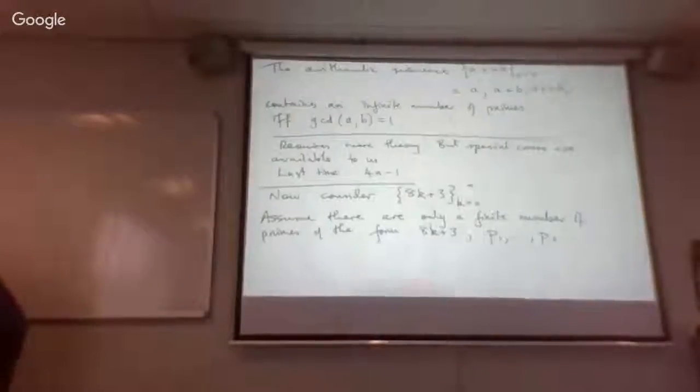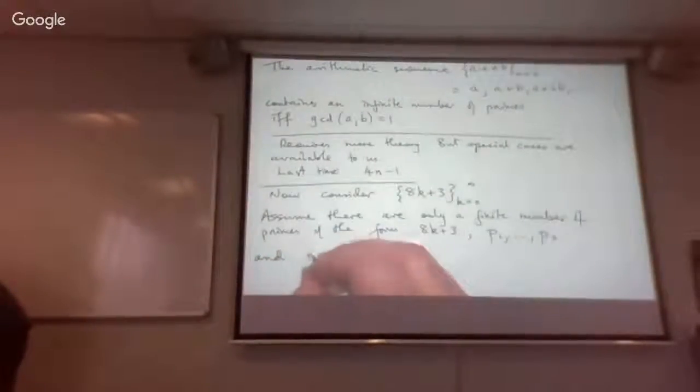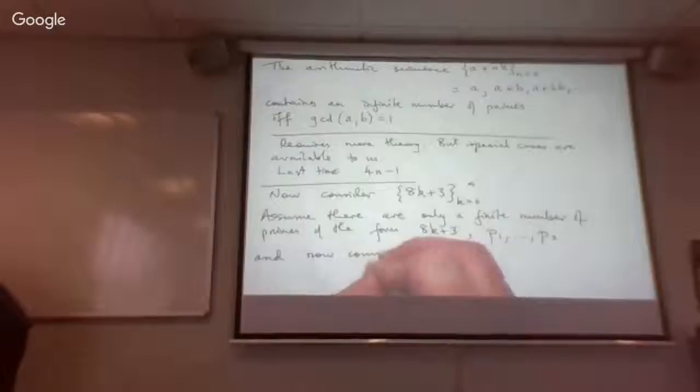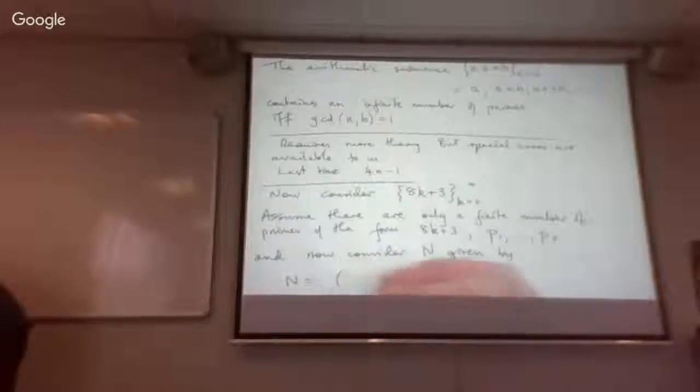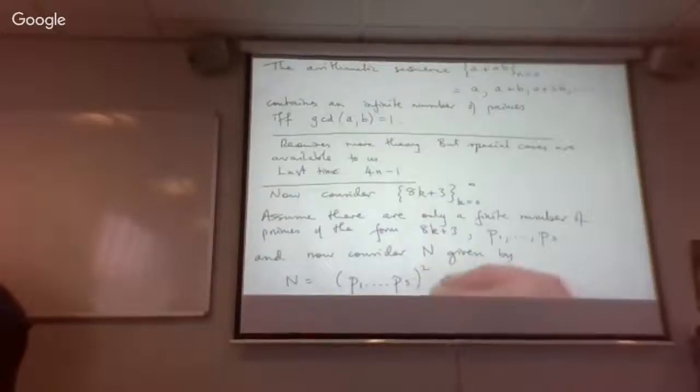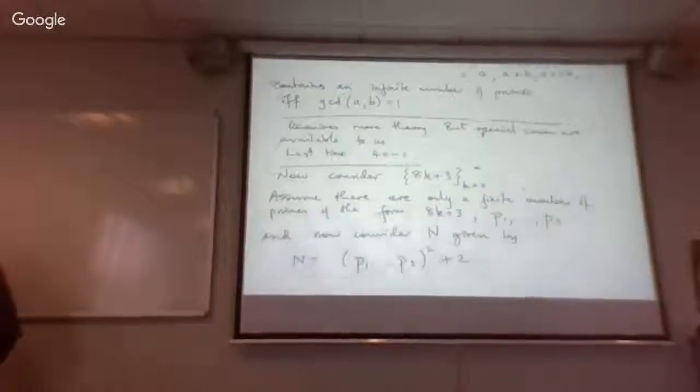And then we'll consider this large number N, which is given by, well, here's what we're going to do. We're going to multiply them all together, square it, and add 2. This is certainly an integer.